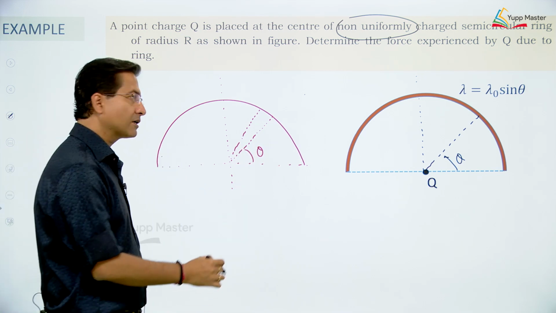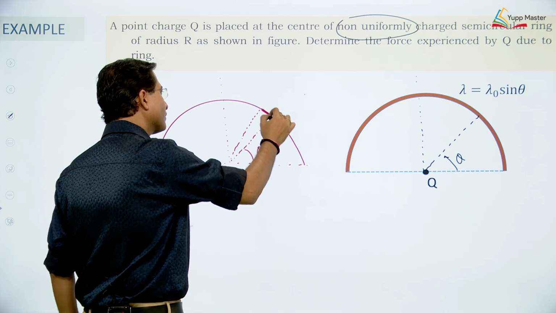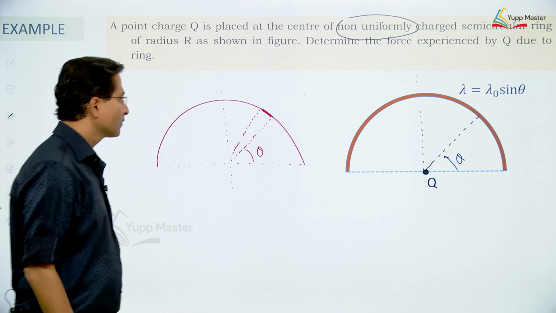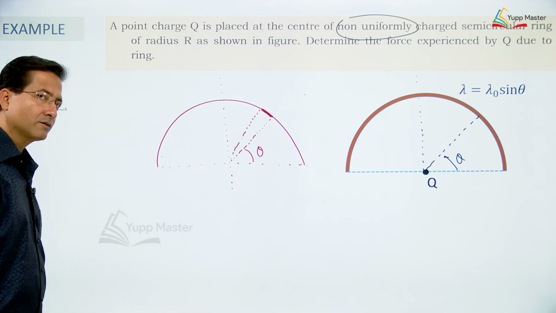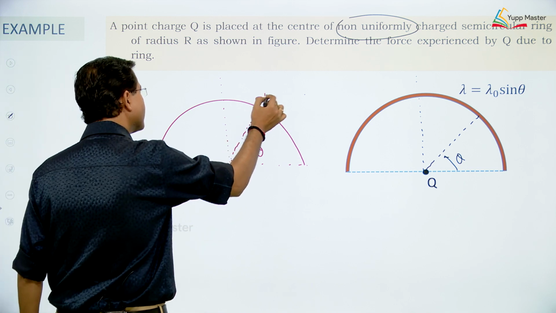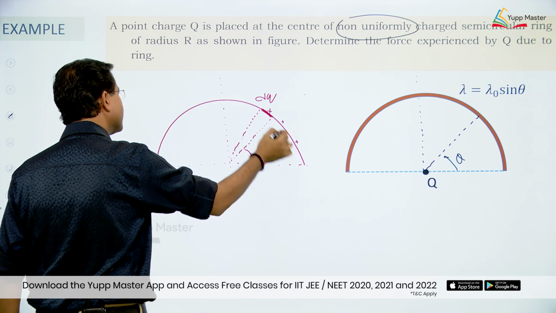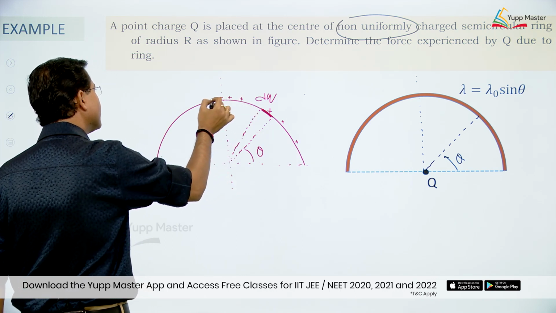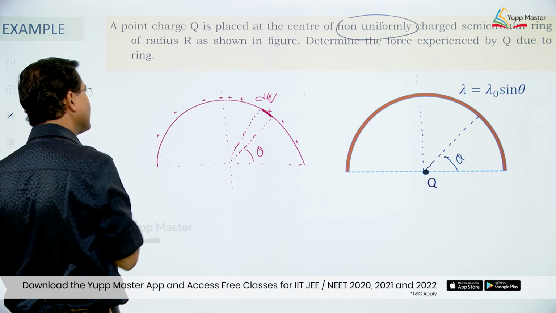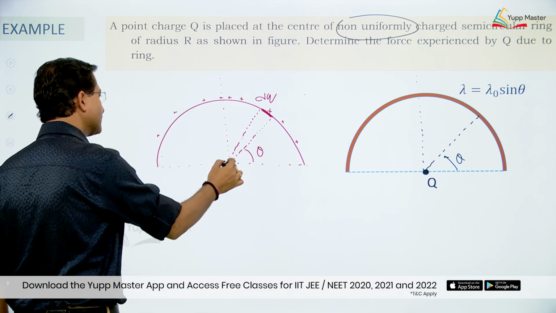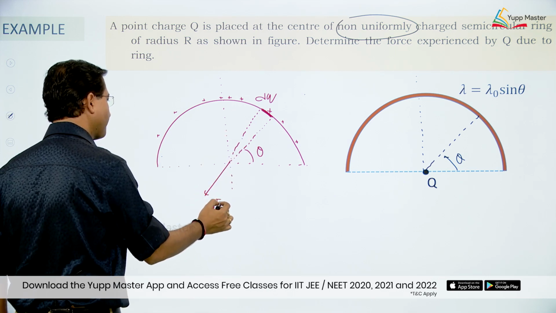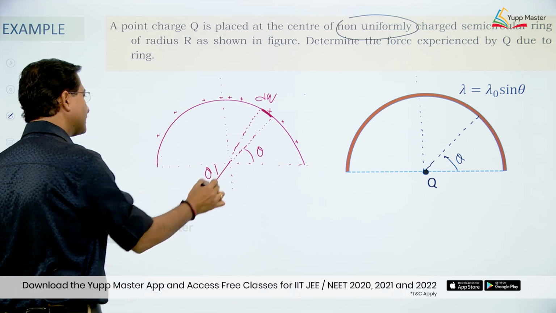I am taking a small segment here, and because of this dq charge, if this is a positive charge distribution, then the field will be like this. This angle will be theta.